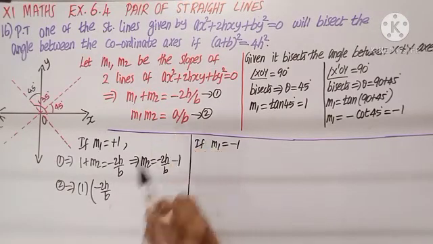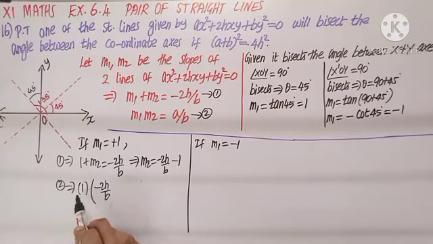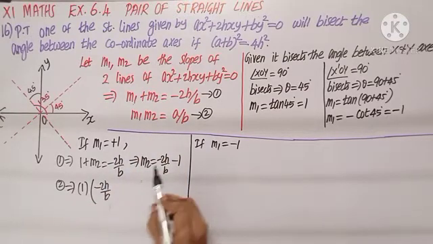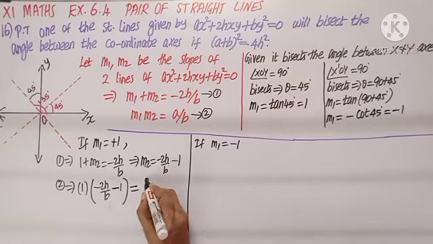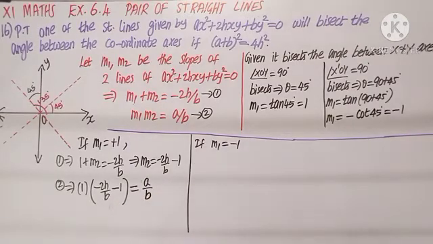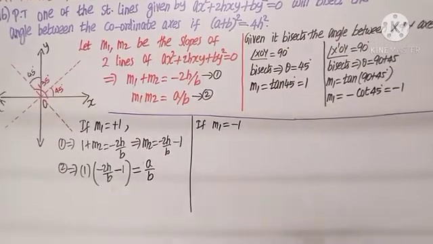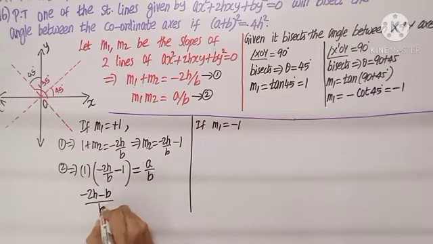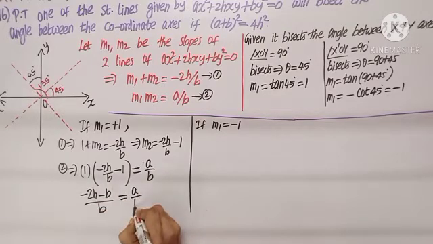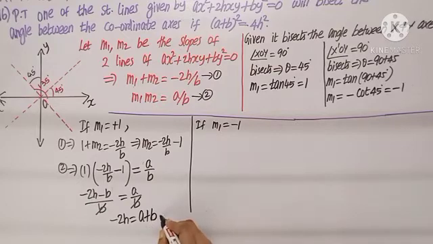Substituting in the second equation, m1 is 1, m2 is minus 2h by b minus 1 equals a by b. Taking LCM, it is minus 2h minus b by b equals a by b. Cancelling b, we get minus 2h equals a plus b. Call it condition number 3.